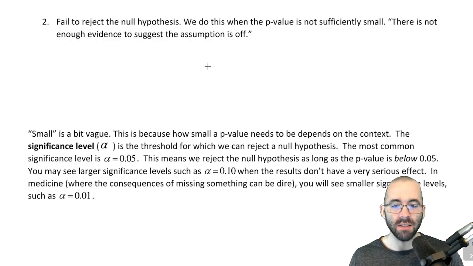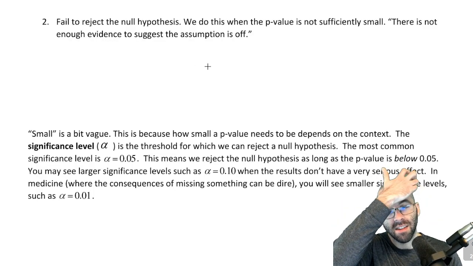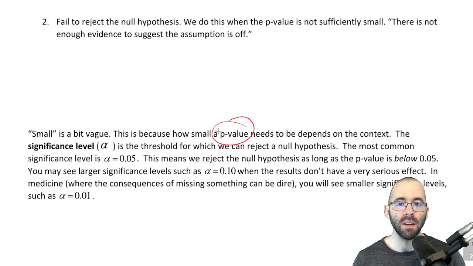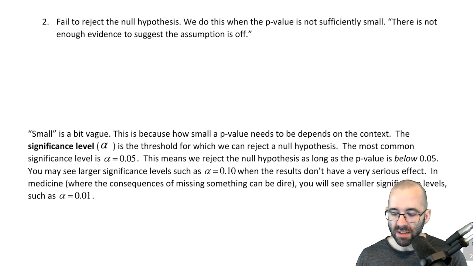Now, small is a bit vague here. And it's because this probability depends on the context. We call it the significance level. It's like the threshold.